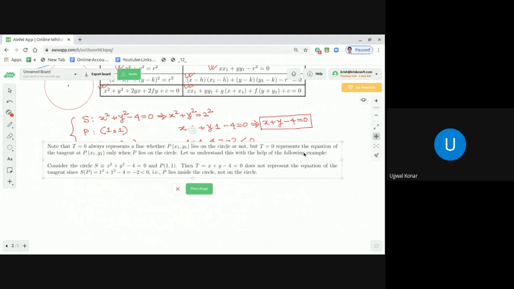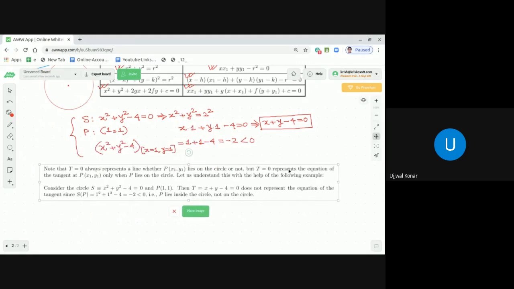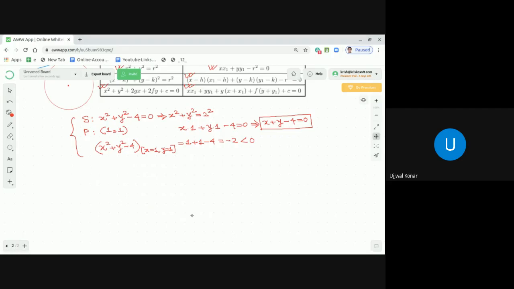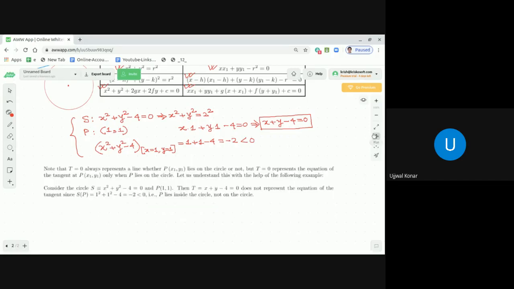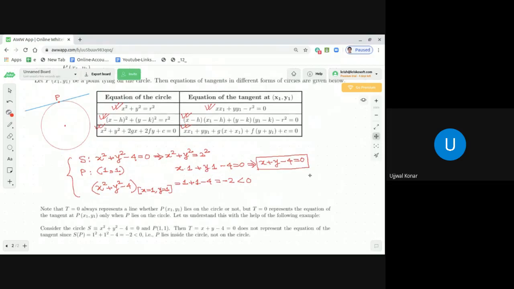The notes say: note that T equal to 0. T means the tangent. All these things are represented as T symbolically. So T equal to 0 always represents a line, whether or not P x1 y1 lies on the circle. But T equal to 0 represents the equation of the tangent at P x1 comma y1 only when P lies on the circle.